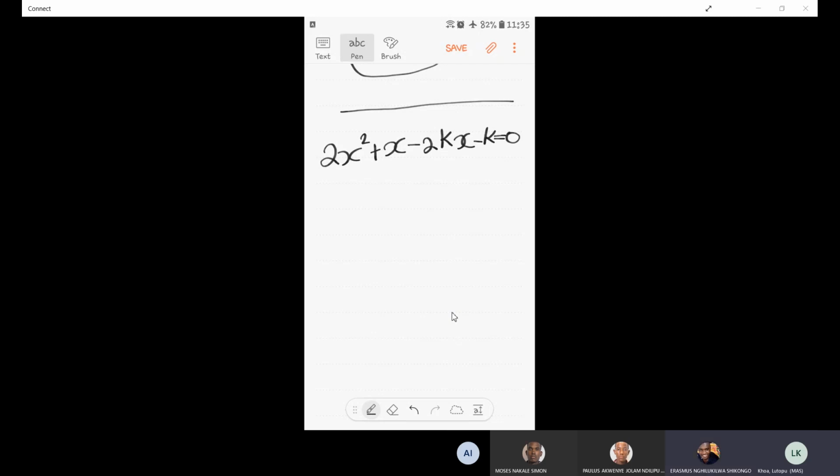So here I can see these are the terms that have an x. So what I do is I will factorize x. So I have 2x squared plus x times 1 minus 2k, minus k. This is equal to 0.